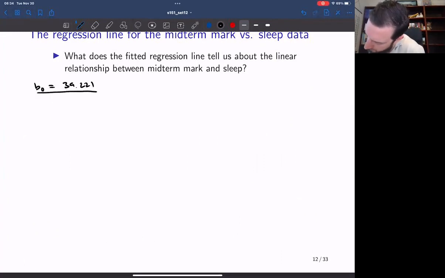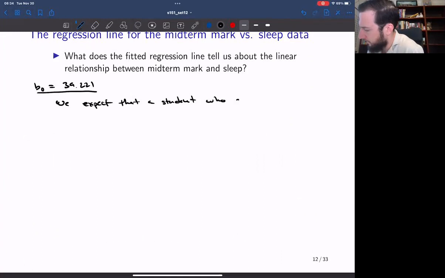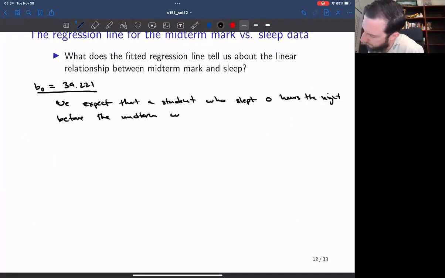Okay, so this is saying we expect that a student who slept 0 hours the night before the midterm will score 39.221% on the midterm.